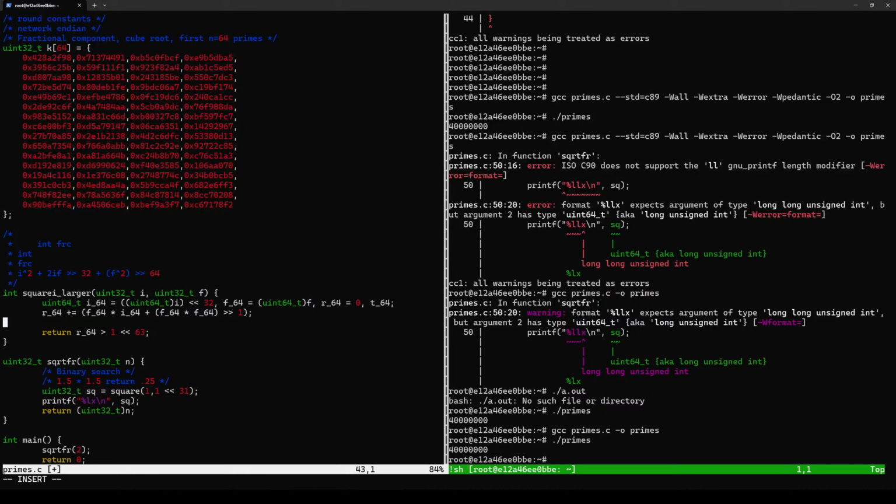Okay. Might log something here later. So that is true if the square is larger than 0, otherwise it is smaller.